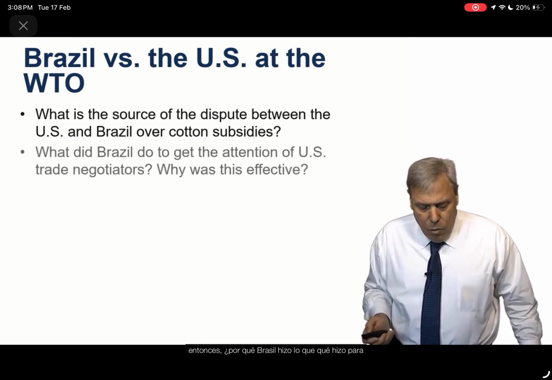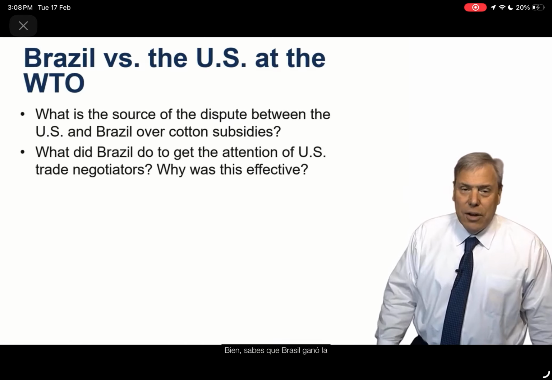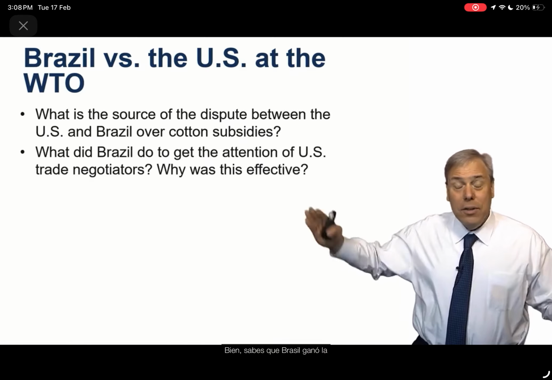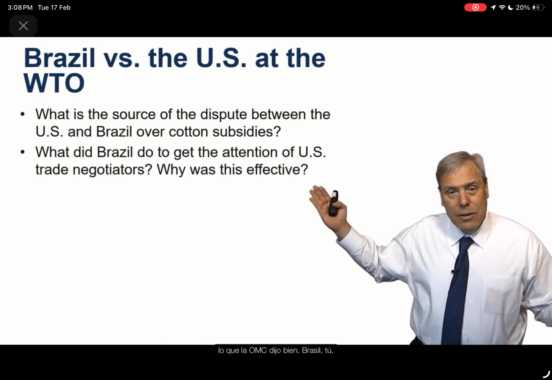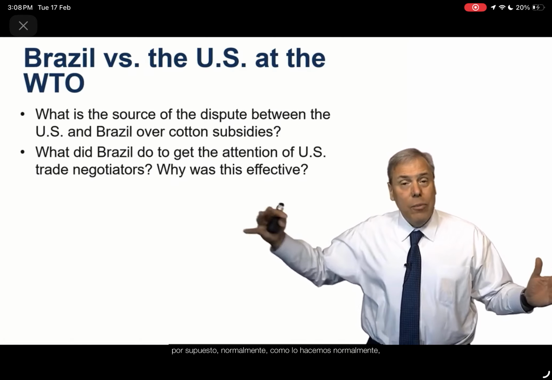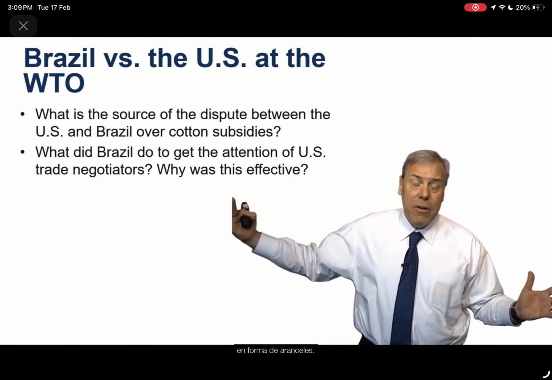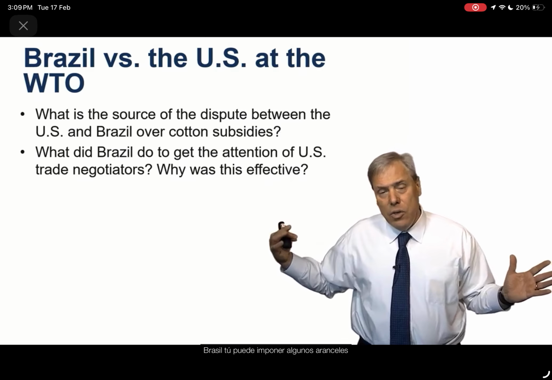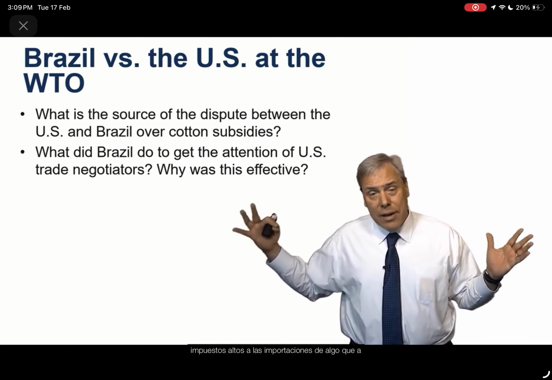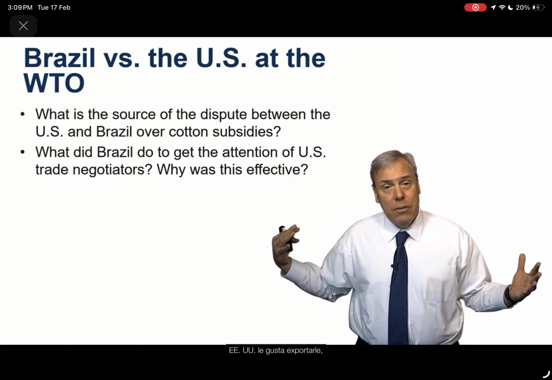So what did Brazil do to get the attention of the U.S. trade negotiators? Well, Brazil won the dispute. And so the WTO said, Brazil, as we normally do, we would authorize retaliatory measures in the form of tariffs. Brazil, you can impose high taxes on imports of something that the U.S. likes to export to you.